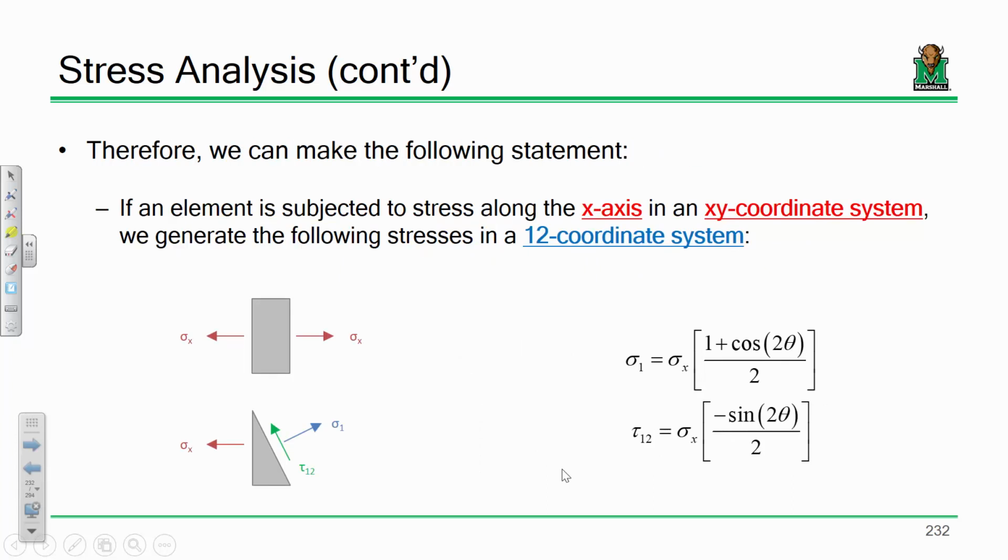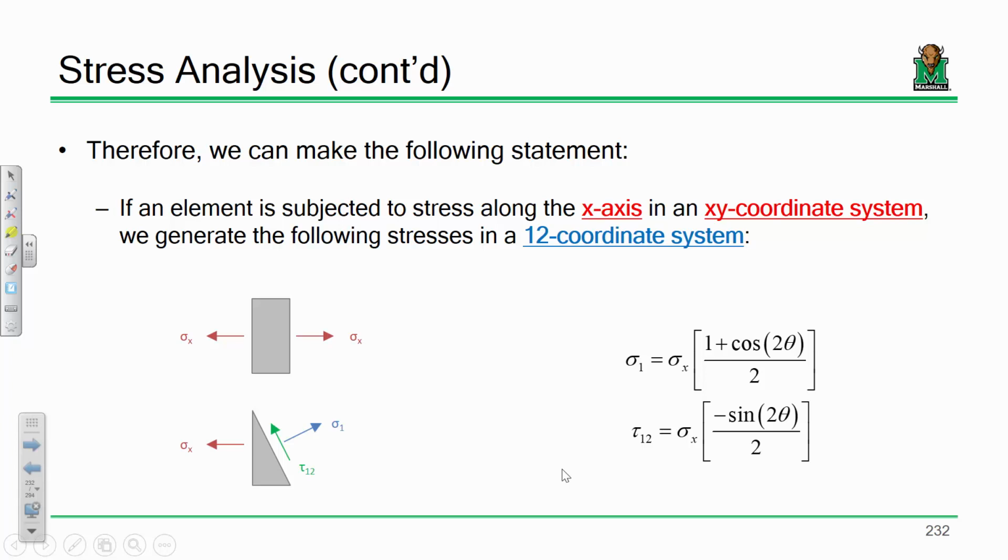So, therefore, we can make the following statement. And this would sort of be my big overarching statement that I want to get across to you, at least right now. If I have a section that is seeing a stress P over A, or some stress sigma x, and I want to transform that sigma x into a stress on an inclined plane, sigma x can be transformed into sigma 1 and tau 1,2 as follows.